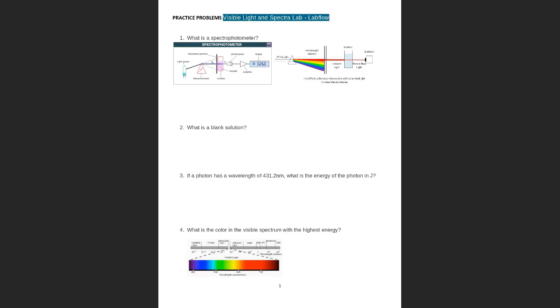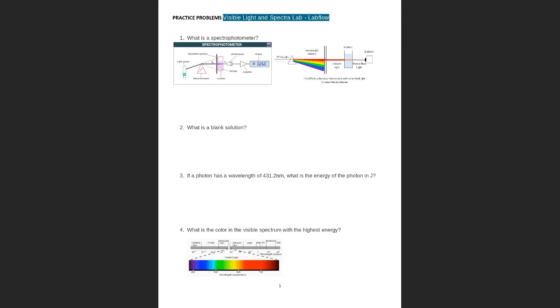So the spectrophotometer will give us the spectrum of a solution, which is the intensity of the light as a function of the light source wavelength, which is what we saw and we will see more. So we will have a graph of the absorbance versus the wavelength that is called a spectrum.